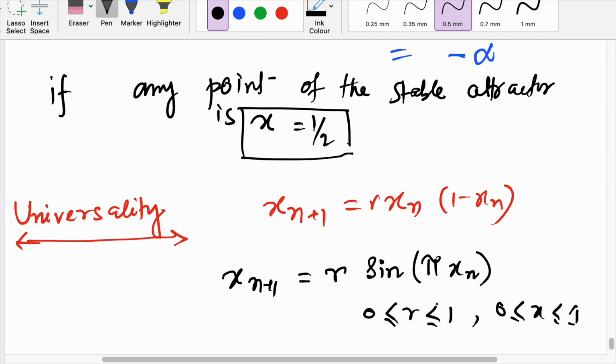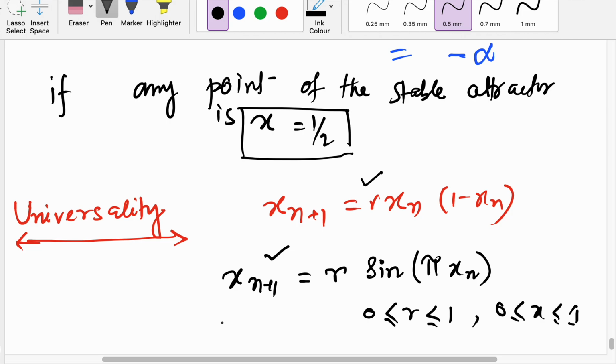That is the universality: some property will be universal to the period doubling route to chaos, not a property of this logistic map or this complicated looking map. It is the property of the fact that the system goes to chaos through period doubling bifurcation.